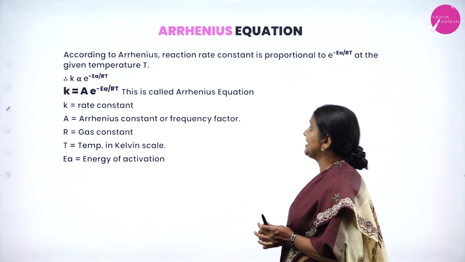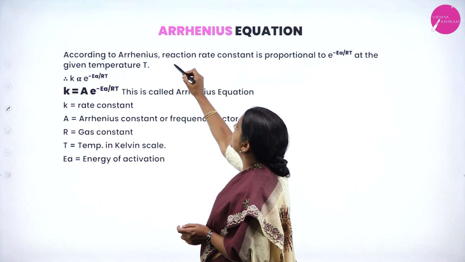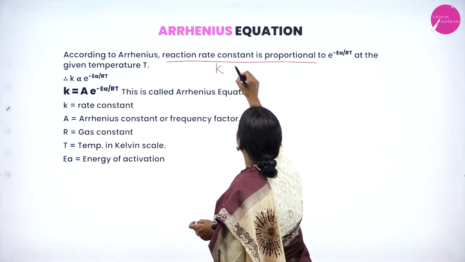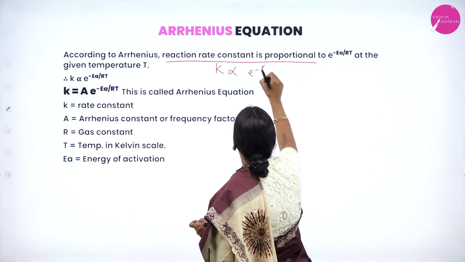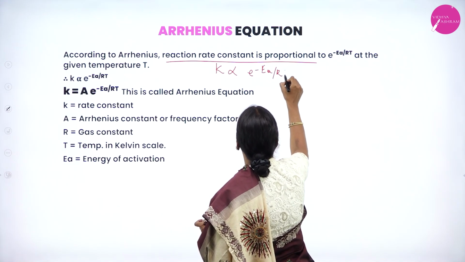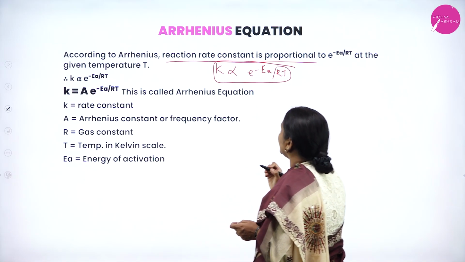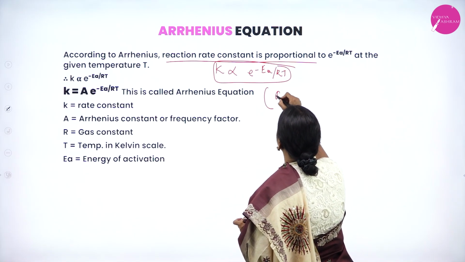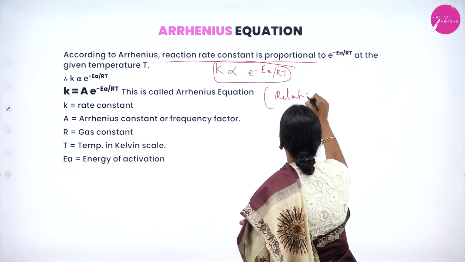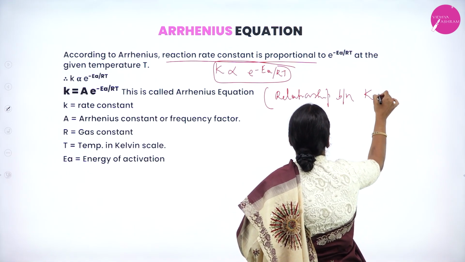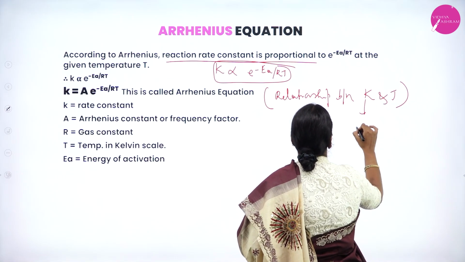Next, Arrhenius. According to Arrhenius, the reaction rate constant K is directly proportional to e to the power of minus Ea by RT. That is, the Arrhenius equation gives a relationship between K and T. What is K?